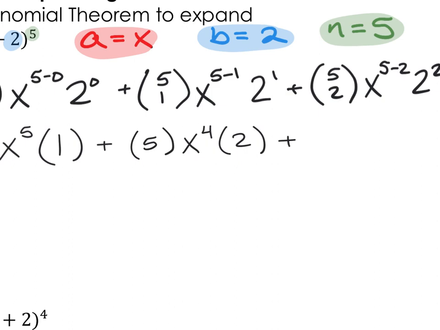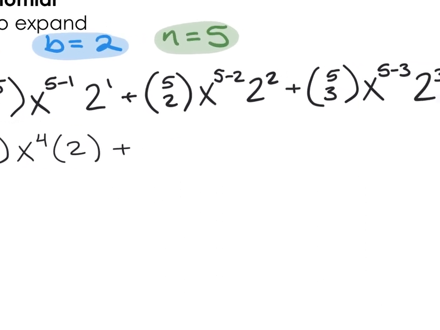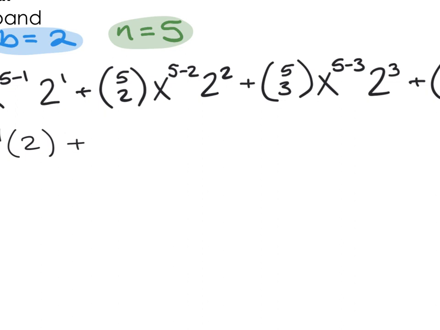We keep going. 5 choose 2, we do the same thing in our calculator to do that combination. 5 choose 2 is going to give you 10. X to the 5 minus 2 is 3. 2 squared is 4.